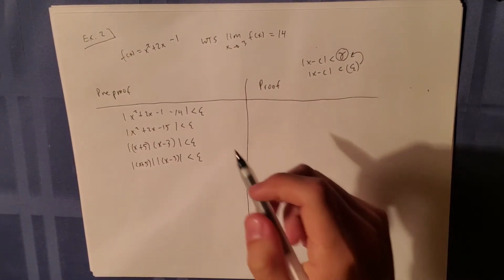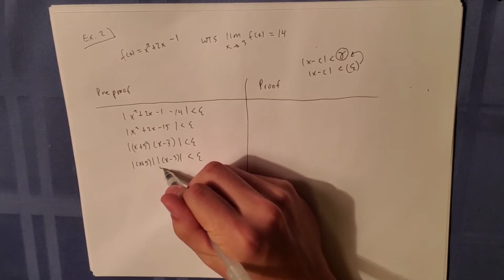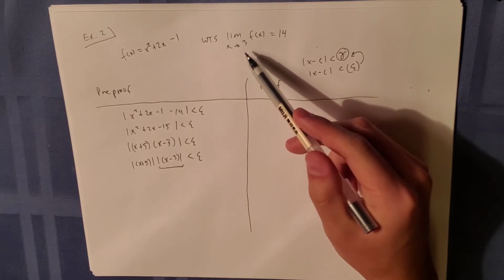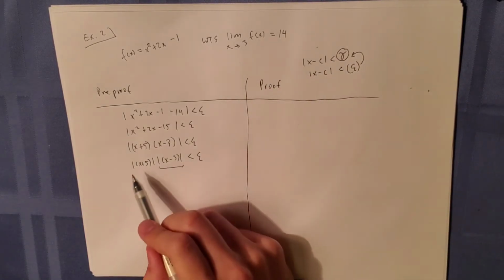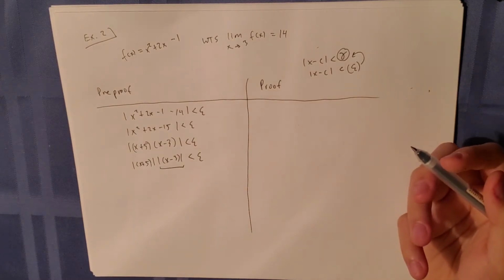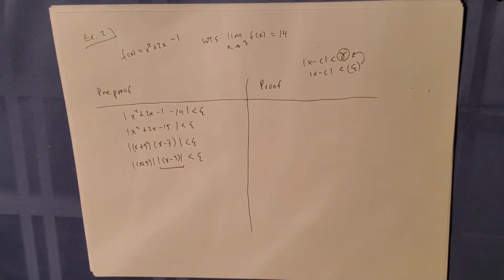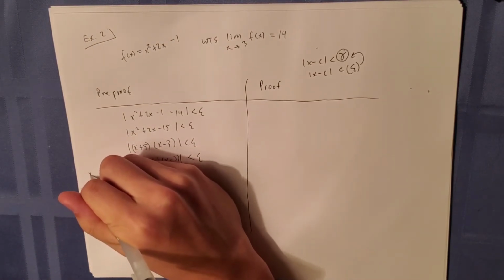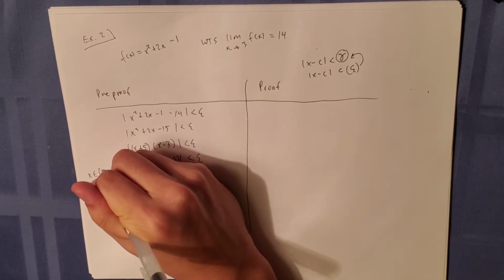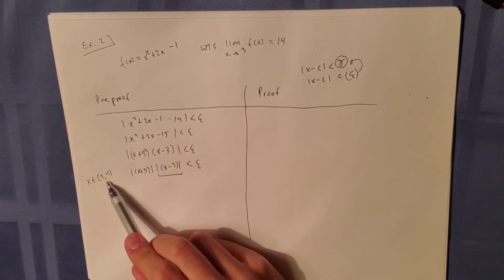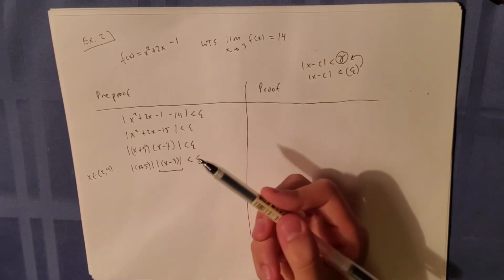So now we see we have our x minus 3, which looks awfully familiar because we have our limit as x approaches 3. But we have this pesky x plus 5 term here. And here is the big brain move for this proof. We can restrict our x. So x will be restricted to, say, the interval 2 to 4. Note that this interval is within 1 of 3.